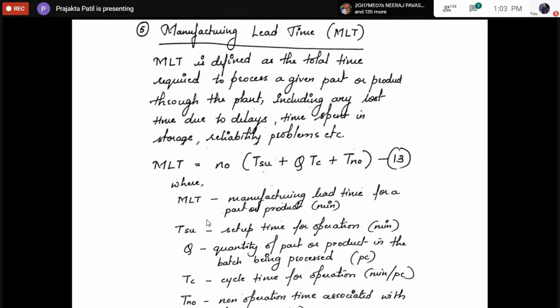You have the actual processing taking place, there is material handling, storage, inspection, and many other non-productive activities as well. There may be some delays happening in between, there may be some breakdowns of the equipment. That's where the material is just going to be in the inventory without getting processed. All of that is added and that gives you the manufacturing lead time.